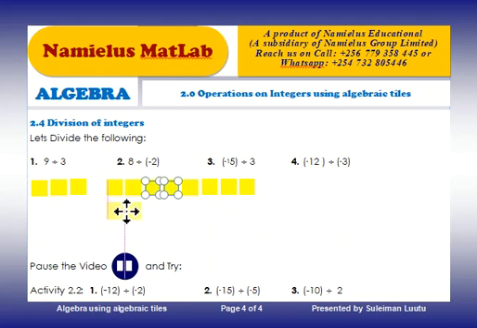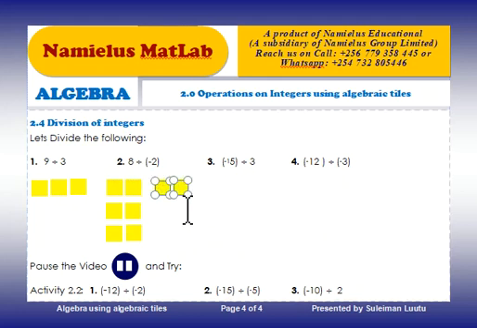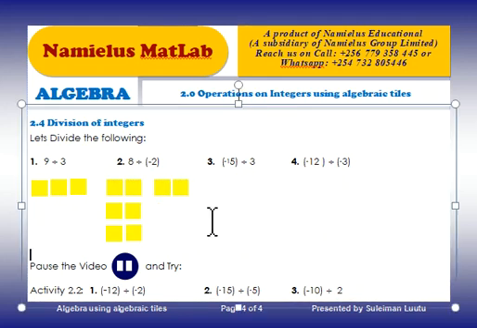That's 2, this is 3, and then this is the 4th group. So there are 4 groups out of 8.